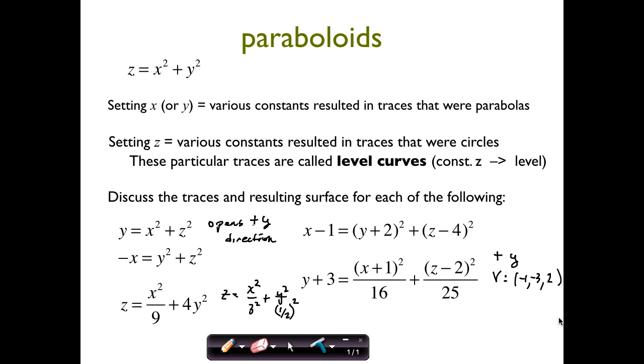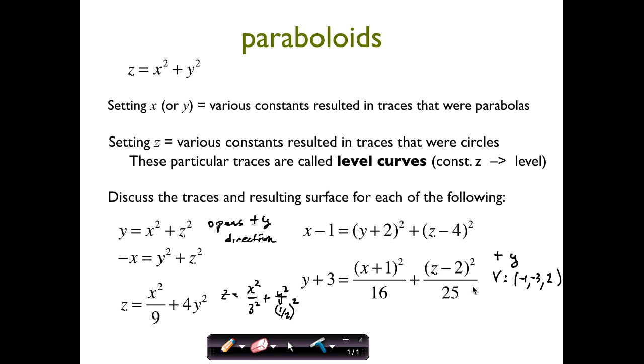And then is it elliptical or circular? Elliptical, and it's going to be stretched. The ratio of radii in the z to x direction is going to be 5 to 4.